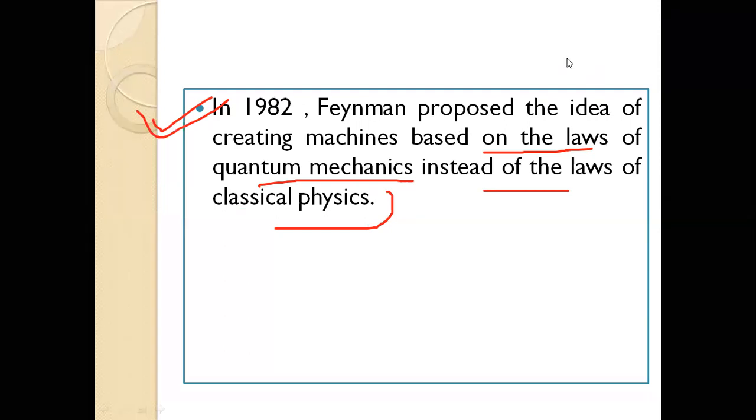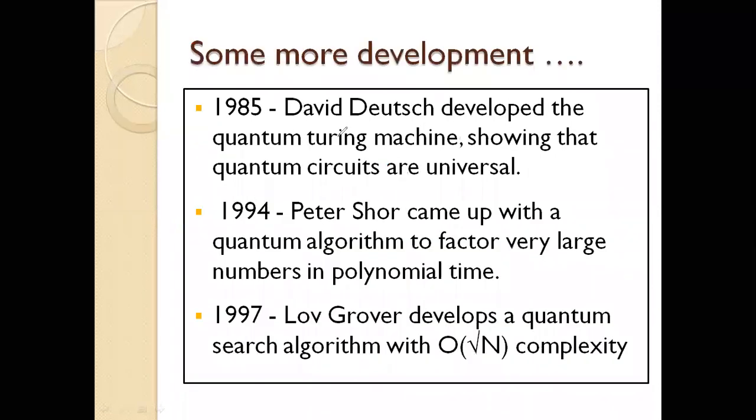Now, some more development in this area we can see. First, in 1985, David Deutsch developed the quantum Turing machine, showing that quantum circuits are universal. This is also a very great development in this field.